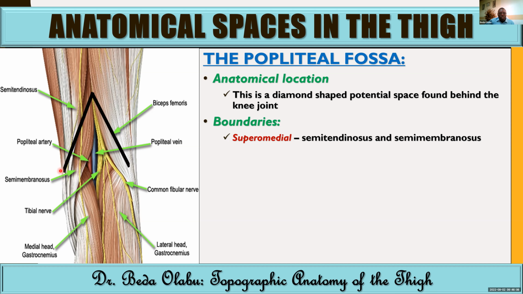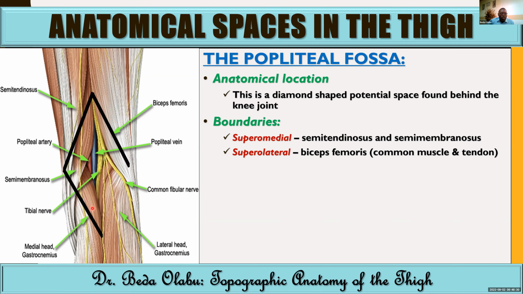The superolateral wall is this region here, and we can see a muscle there, the biceps femoris. At this point, both the long and the short head of biceps femoris have already fused, so we are talking about the common muscle and the common tendon. Then inferiorly, we also have inferomedial and inferolateral boundaries.